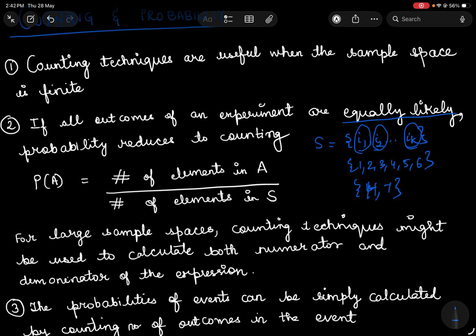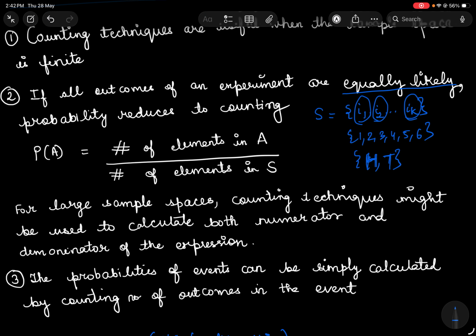But if you have a fair die, if you have a fair coin, then there are equal chances of any of the occurrences to happen at a given point. So, it's safe to take this assumption that the outcomes of an experiment are generally equally likely, unless it is explicitly mentioned in the question.